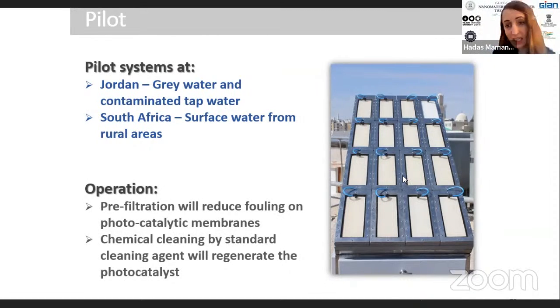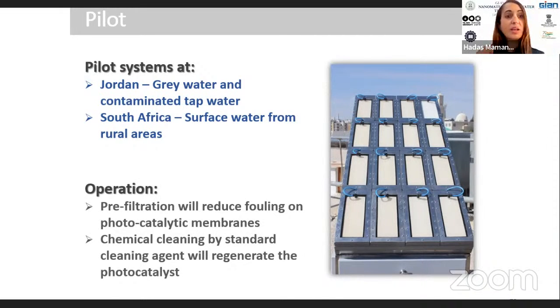Of course, one of the key issues when we use AOP-based processes is to use pre-filtration to reduce fouling on the photocatalytic membranes. Also, in addition to that, we tested many options for cleaning the membranes in order to regenerate the photocatalyst.